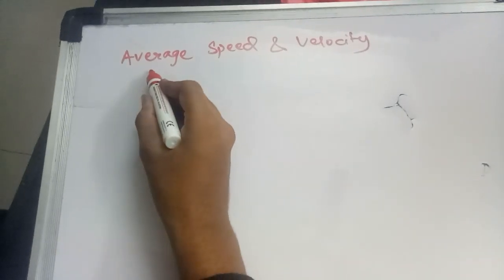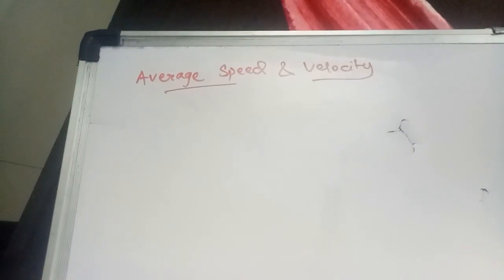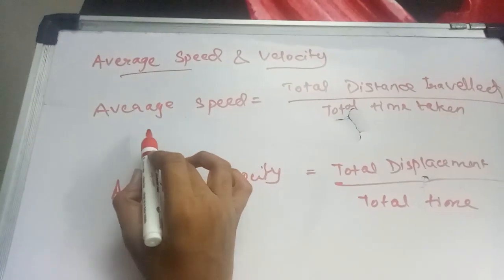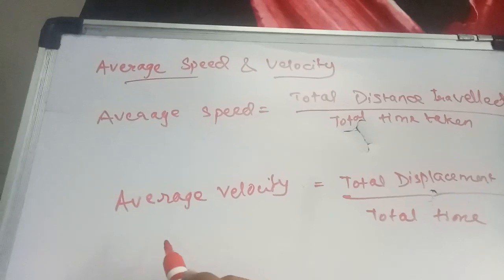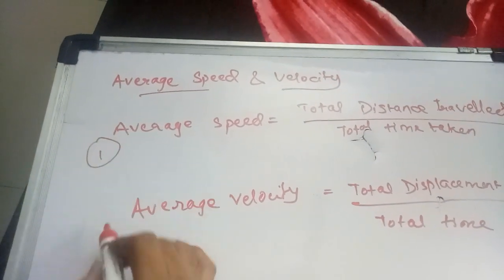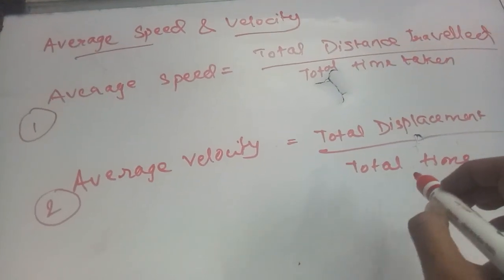Now we will talk about average speed and average velocity. Average speed is equal to total distance traveled upon total time taken, and average velocity is equal to total displacement upon total time.